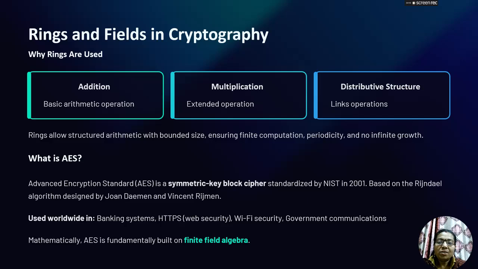It is mainly used in banking systems, web security, Wi-Fi security, and government communications. Mathematically, AES is fundamentally built on finite field algebra. Without algebra, we cannot frame this AES technology.